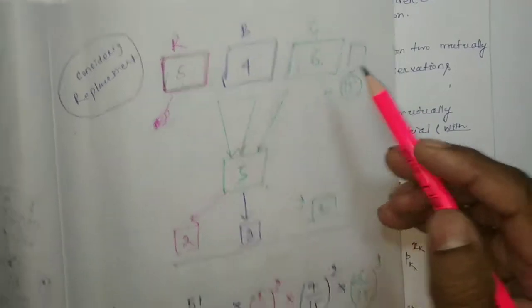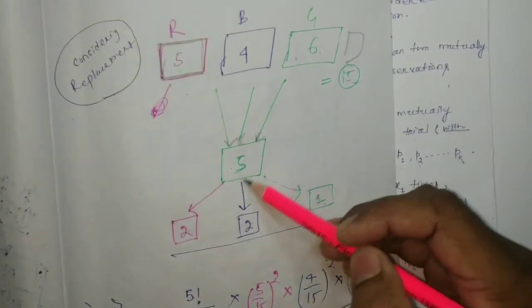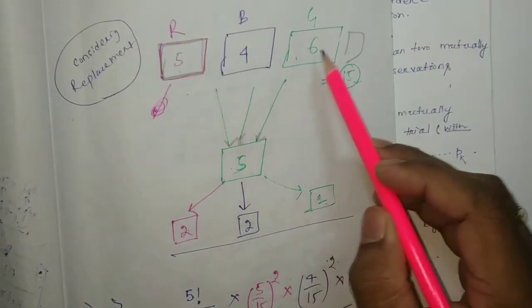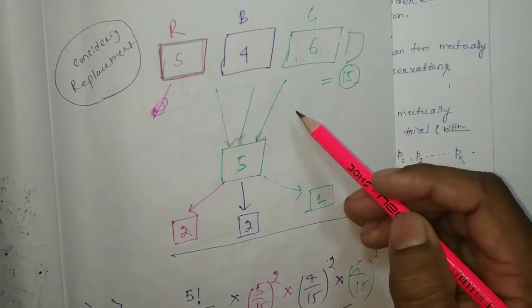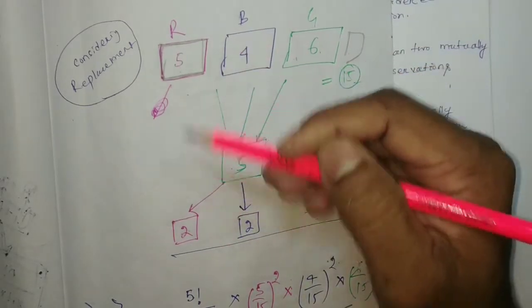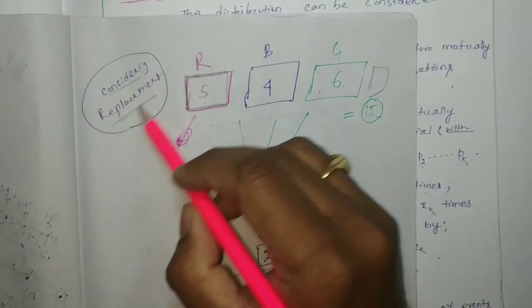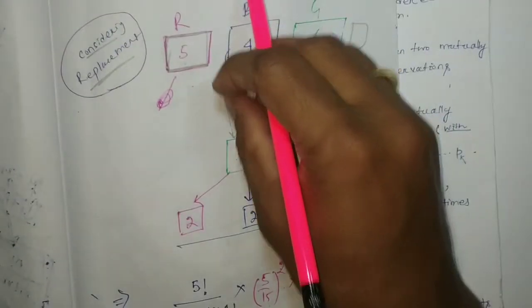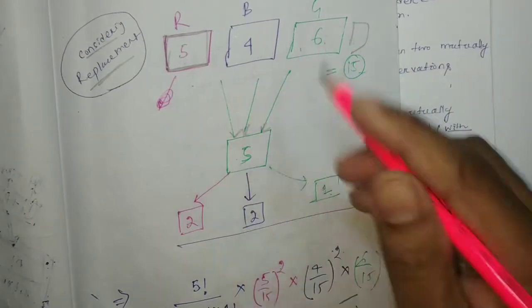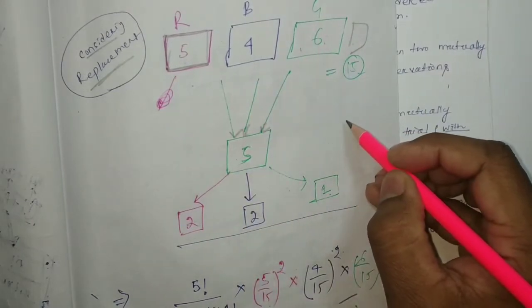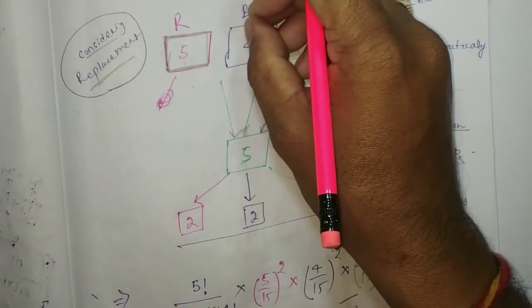We draw five from these 15 balls with replacement. I draw the first ball, note its color, and replace it in the bag.